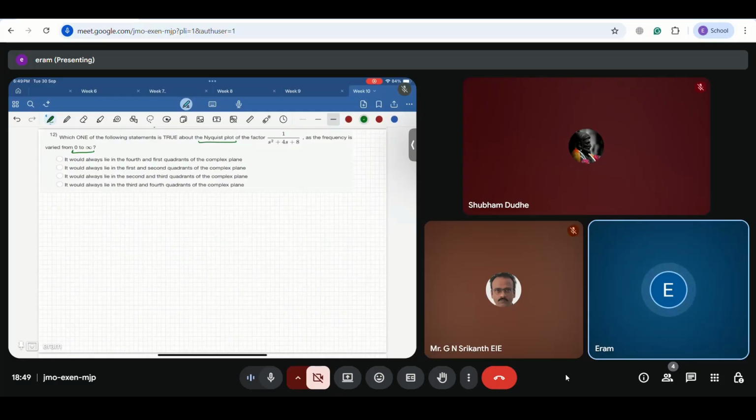So one way is that you remember the Nyquist plot or the polar plot of a second order system, or you can separate the real and imaginary parts, and then you can guess the quadrant in which it is going to lie. You can follow either of these two approaches. Does anybody remember the polar plot of a second order transfer function?